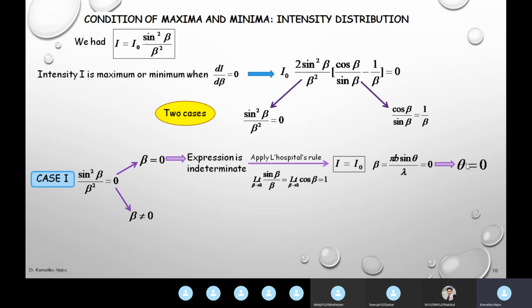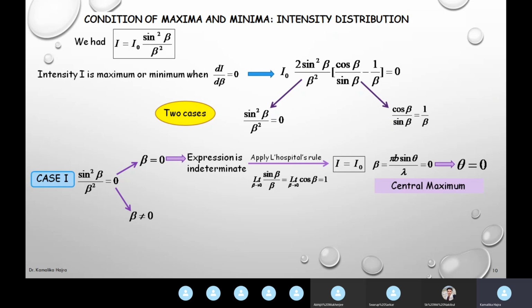What does theta equal to 0 mean? It means there has been no diffraction at all. So of course, when the light is coming through the slit, through the aperture, some rays are bent at different angles theta, but some rays go straight and hit the screen. They are not diffracted, theta is 0, so they hit the screen directly, and that produces the central maximum.